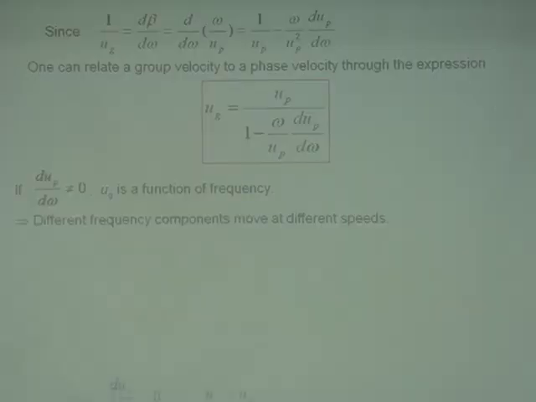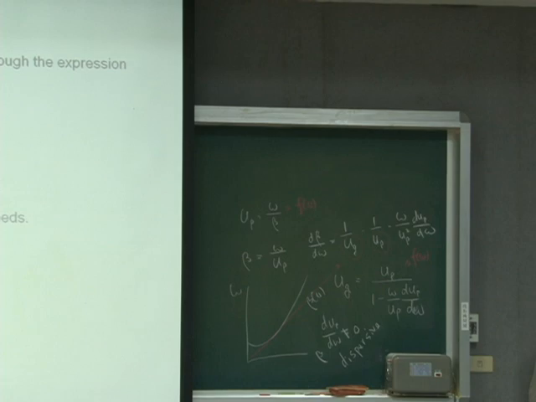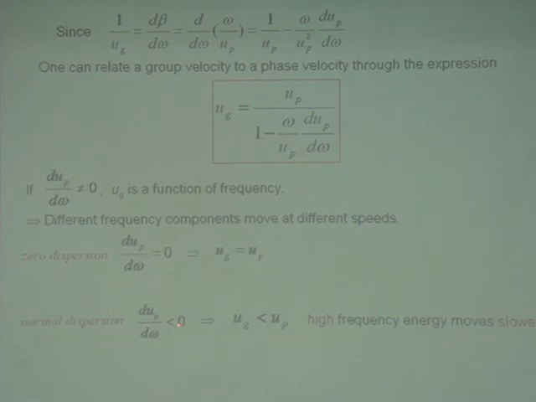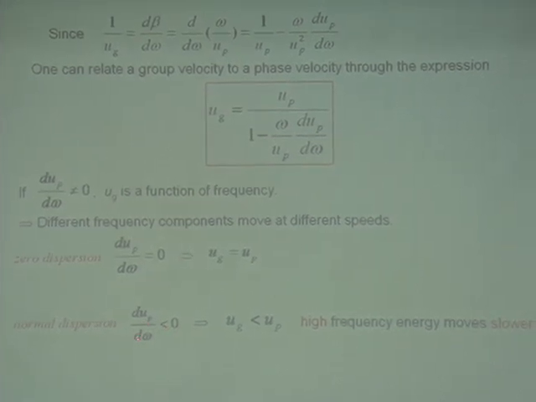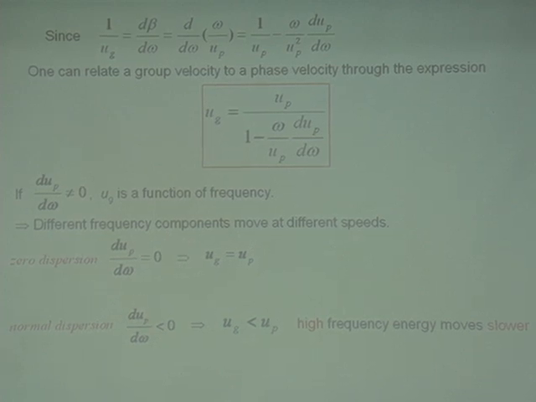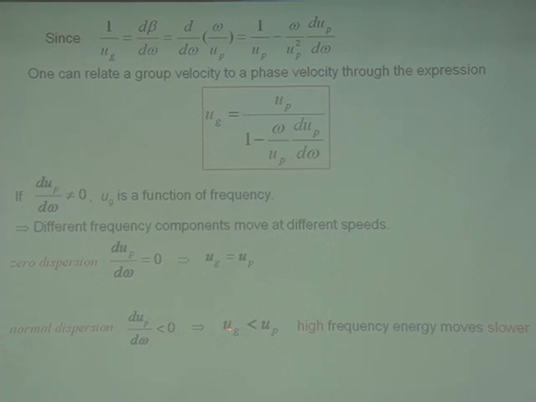So if this material has no dispersion, I just mentioned that if you have a linear curve in the omega beta diagram, then your UP equal to UG, and this system has no dispersion. Okay, but if your DUP d omega is less than 0， 就是你频率越来越高，你的像素度越来越低。你这里会小于0，所以 you have in general group velocity less than phase velocity.